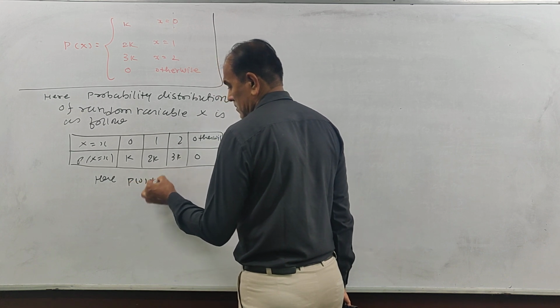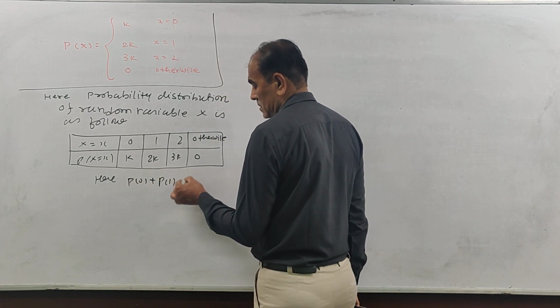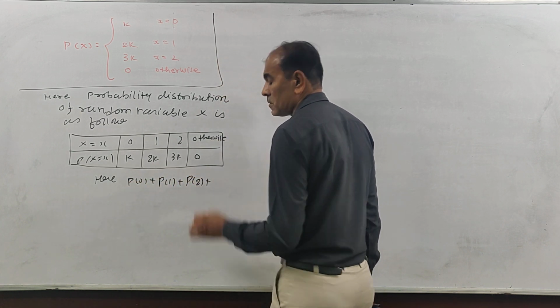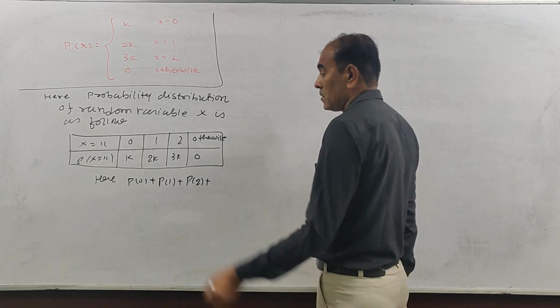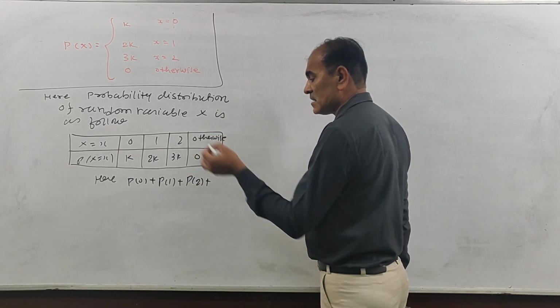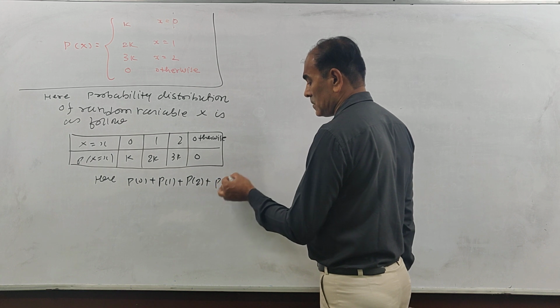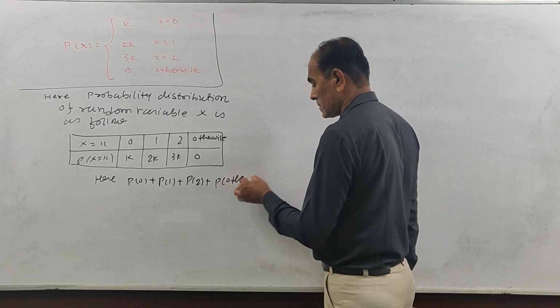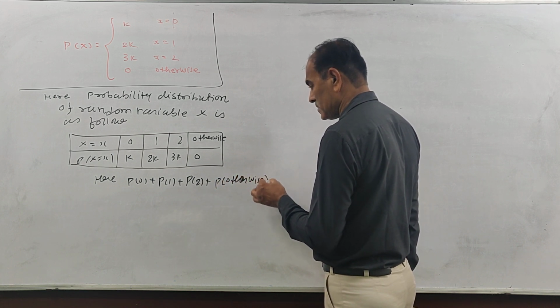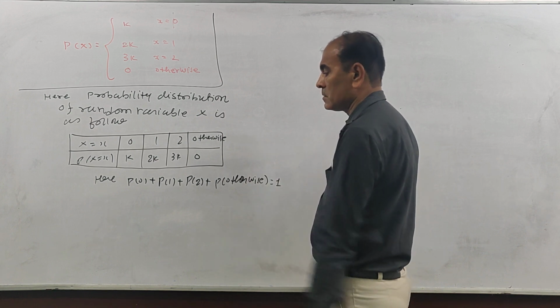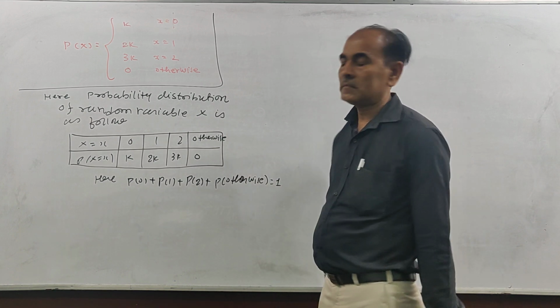Here P of 0 plus P of 1 plus P of 2. Is it needed to write this one? Yes, it is needed. Plus P of otherwise. That is equal to 1.